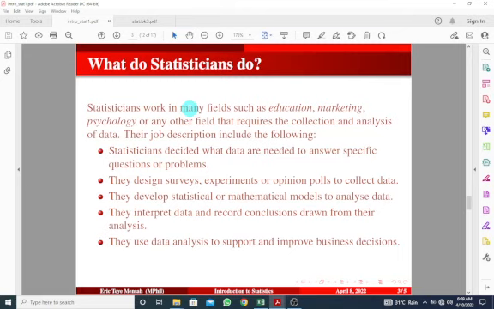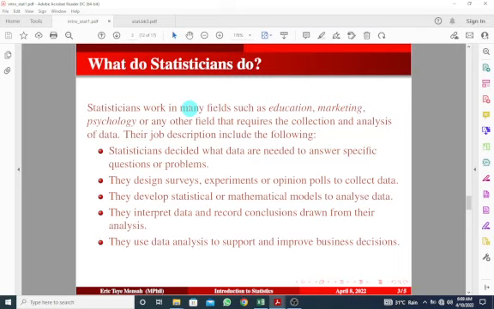So the government decided to put those cities, states, or regions on lockdown, which in the long run helped in reducing the spread of the COVID-19 virus, right? So as a statistician, apart from interpreting and analyzing the data, at the end of the day you are supposed to use this to support and improve business and other governmental decisions, right?